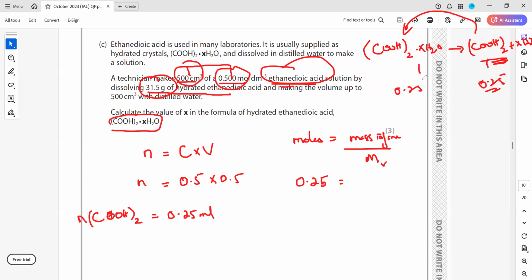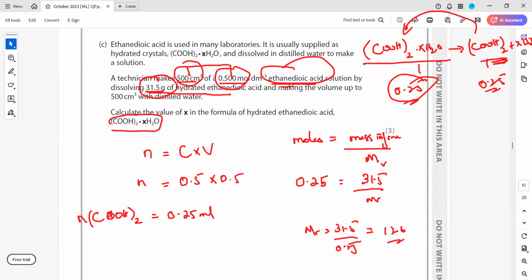So we get the same number of moles of the hydrated compound. We know the mass of the hydrated compound, so we will find its molar mass. Mass in grams is 31.5 and the molar mass is unknown. So 31.5 divided by 0.25 gives 126. So 126 is the total molar mass.